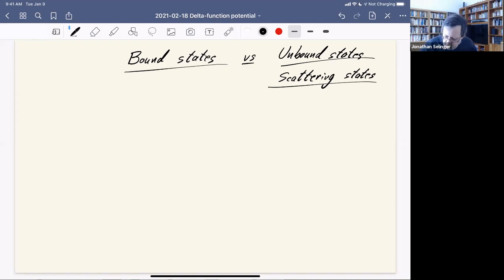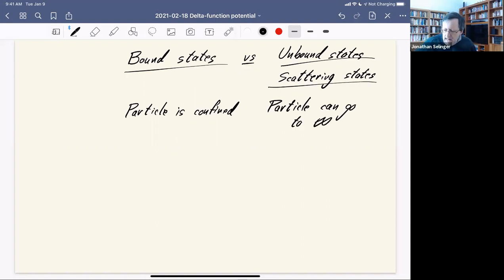Okay, so let's just write that. Particle is confined versus particle can go to infinity. And one nice way to think about this in classical mechanics is just to say, suppose we launch a spacecraft from Earth.